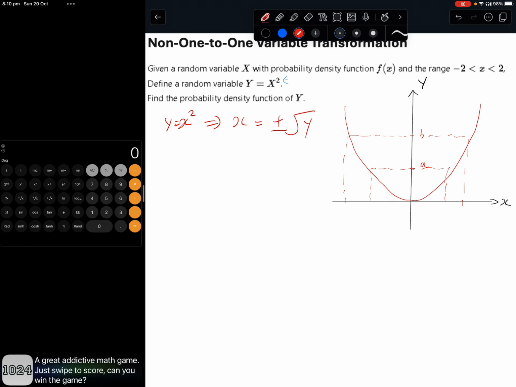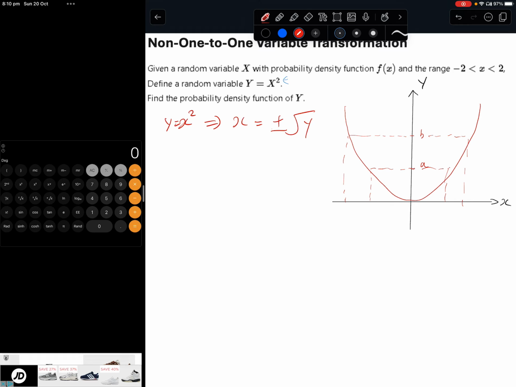We have to account for both of these when calculating the probability density function for y. That's why this is a non-one-to-one variable transformation, because there is more than one solution.